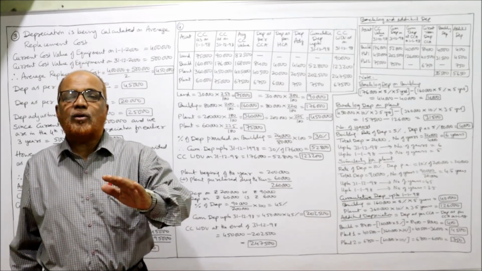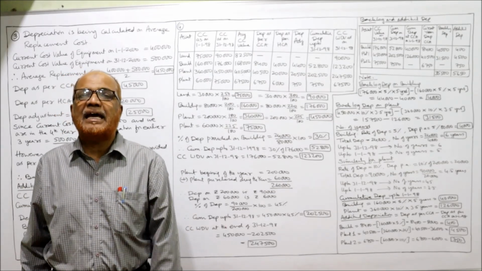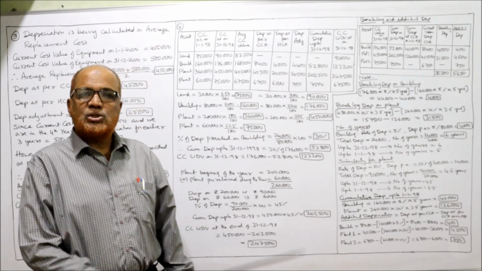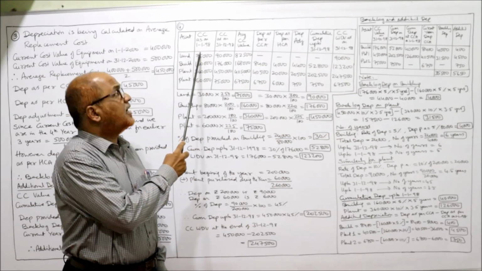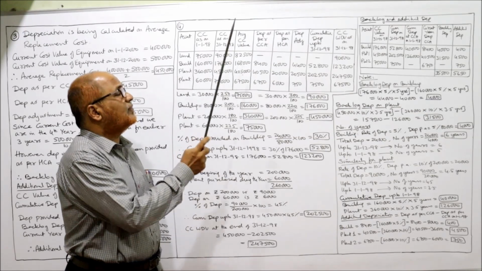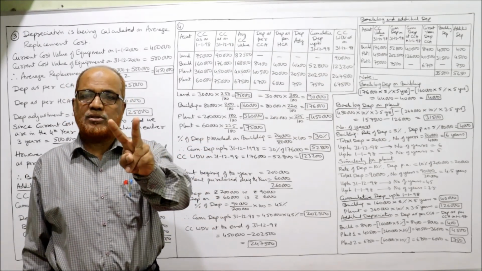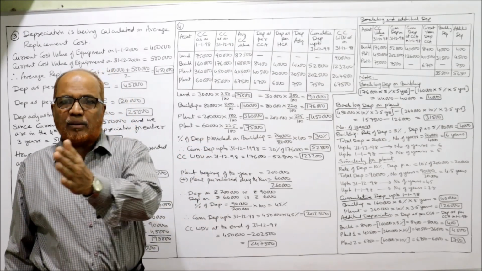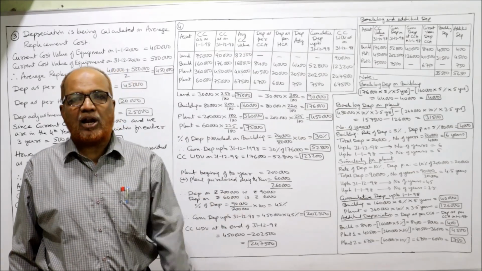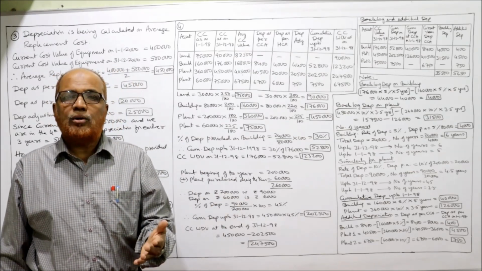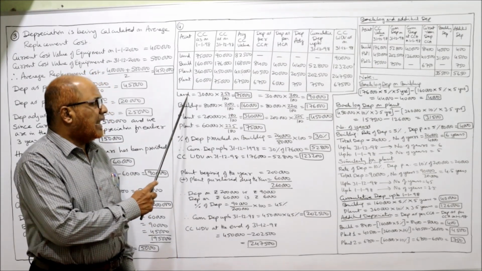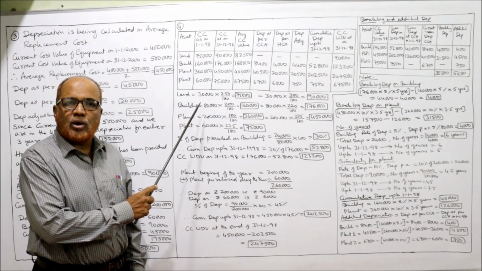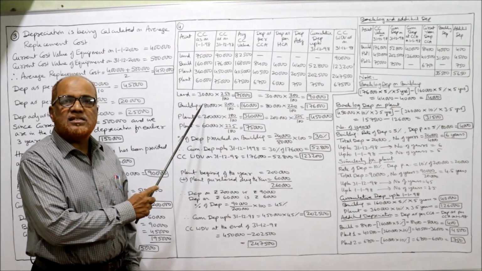Now we have to find out the replacement cost by using the indices. So after asset, two columns: current cost as on 1st January 98, and current cost as on 31st December 98. The current cost value at the beginning of the year, and the current cost value at the end of the year. How to find out? By using the indices. See here, land. The historical cost of the land is 30,000.